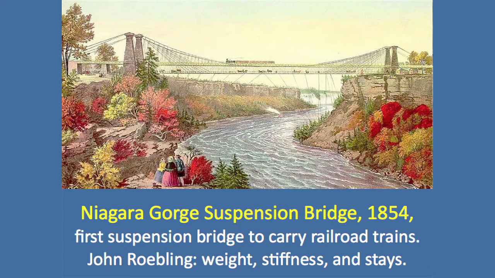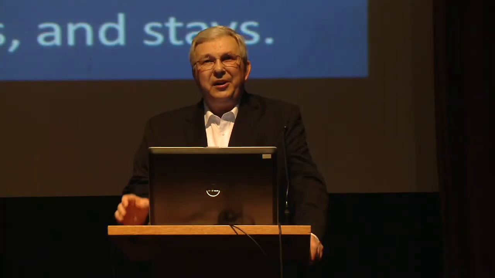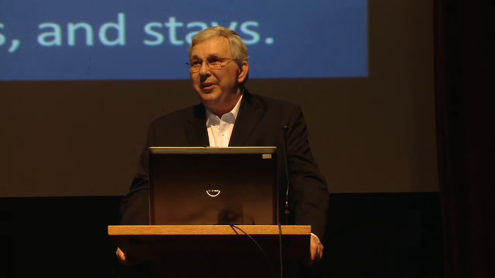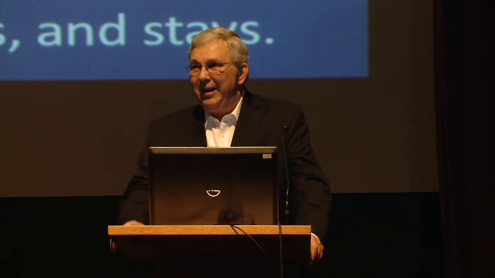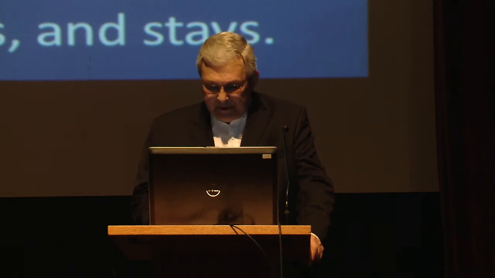Finally, stays. Those diagonal lines you see are cable stays, or stay cables, and they kept the bridge from being tossed around in the wind. You know, when you're in an airplane and there's turbulence, you know what happens. The plane goes up and down erratically. Well, these cables were supposed to check that for the bridge.